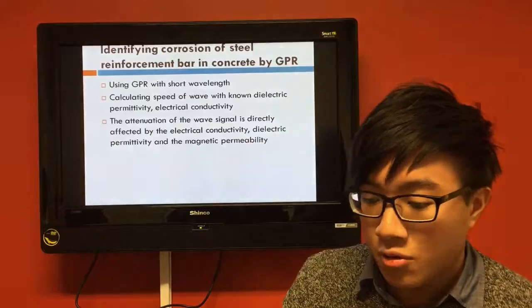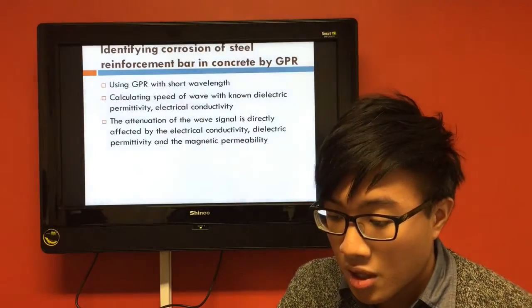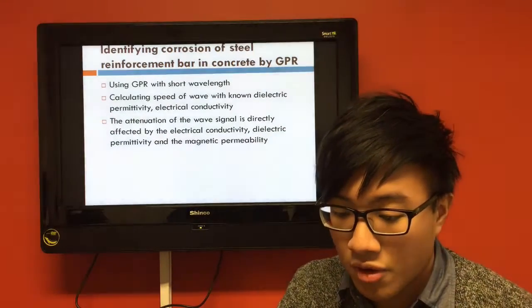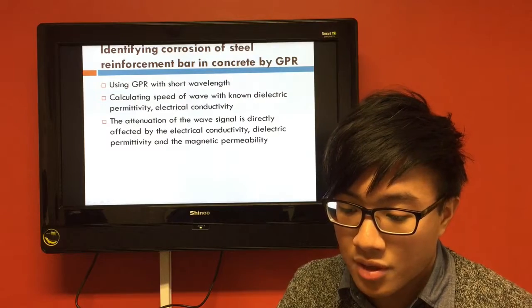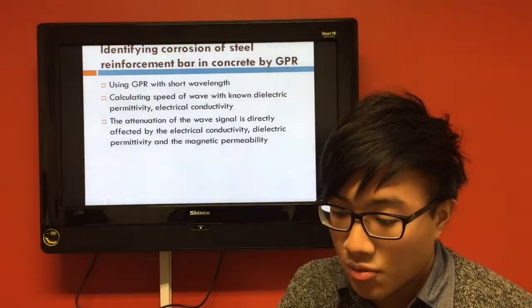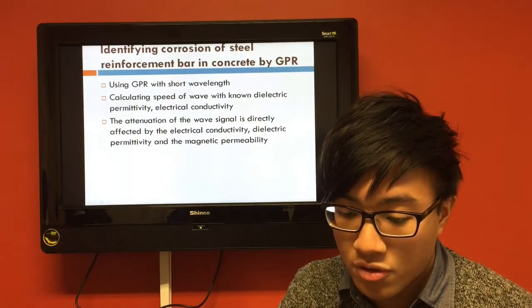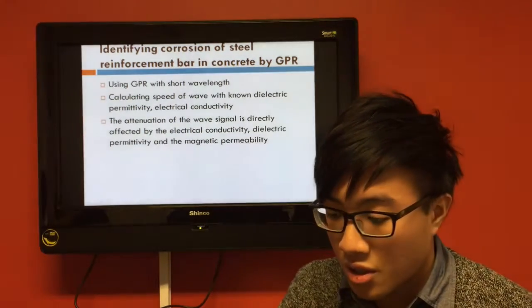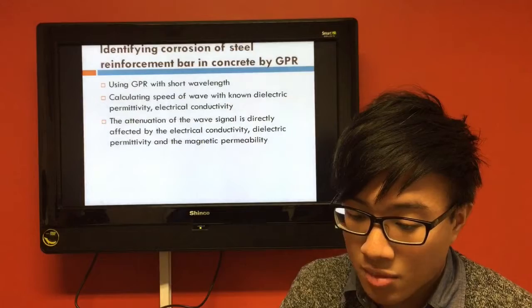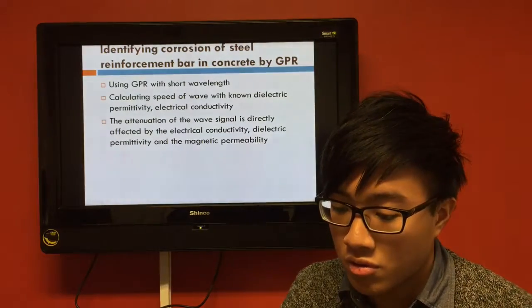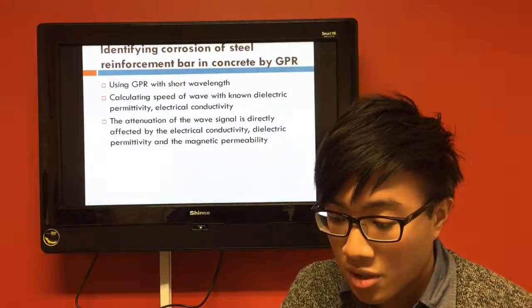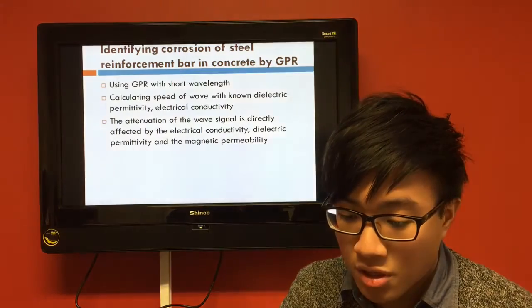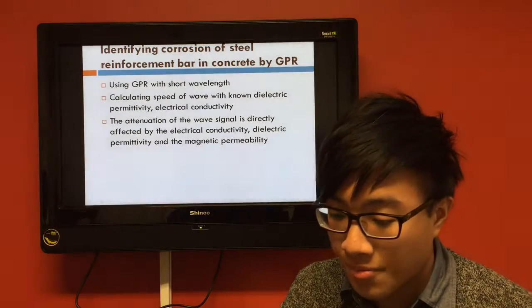In testing the corrosion of steel reinforcement bar, a GPR with a short wavelength of electromagnetic wave is applied. When the electromagnetic wave travels in liquid or solid, the speed will be greatly reduced. The speed of traveling in another medium can be calculated with the dielectric permittivity, electrical conductivity, and the material of the medium.